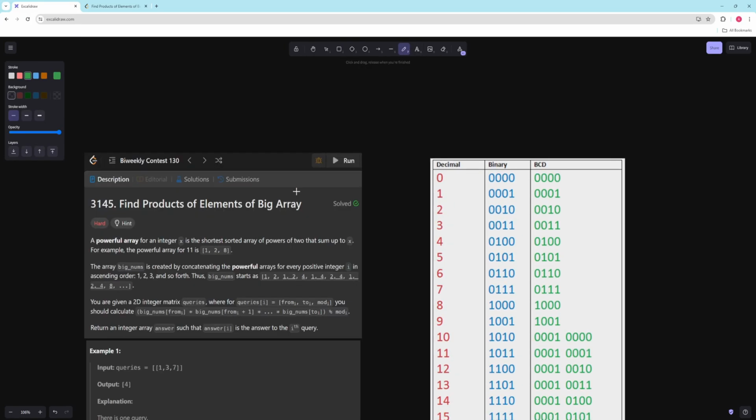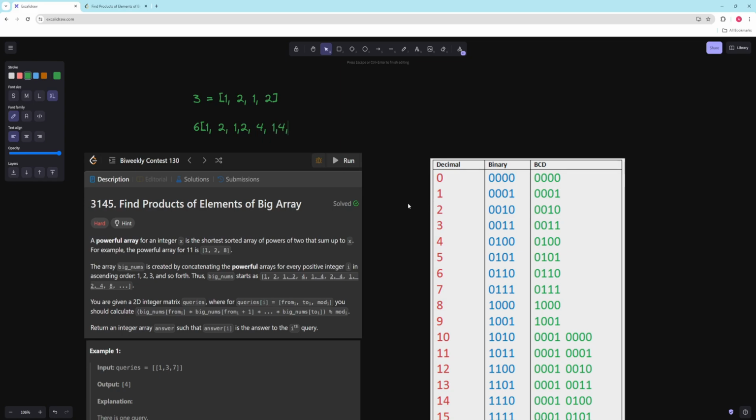So for example, if we say our integer is 3, then big nums would look like, well, we would need to fill out 1 through 3. So 1, 2, and then this would be 3. So in this case, we have 4 values in big nums for 3. Similarly, if we have 6, it would be 1, 2, 3, and then we have 4, and then we have 5.